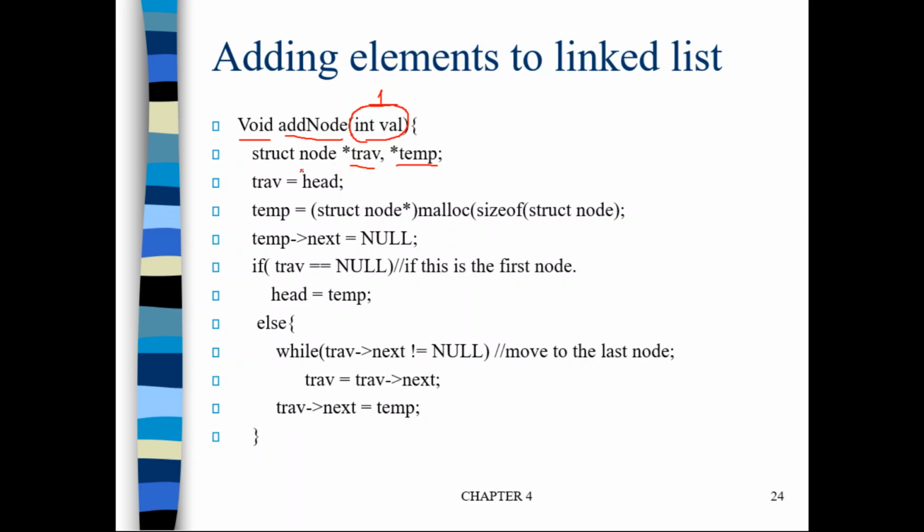Here we are doing traverse equal to head, because if you want to traverse the linked list, you should start from the first node. How will I get the address of the first node? We already discussed that head will always hold the address of the first node, so traverse equal to head means traverse also points to the first node.